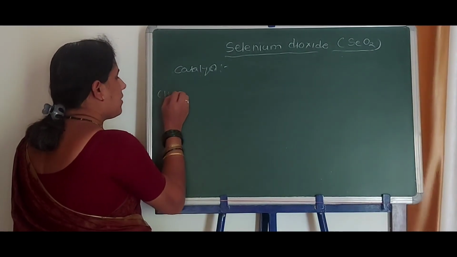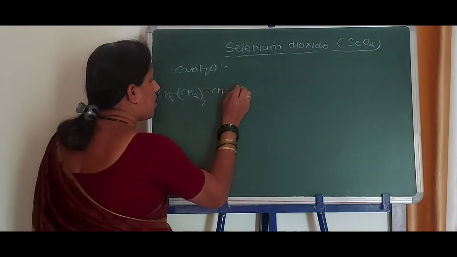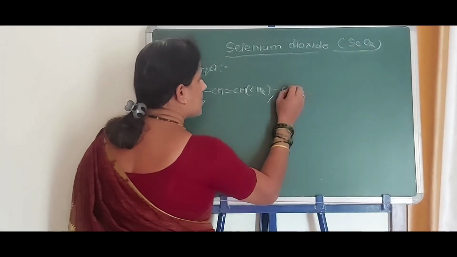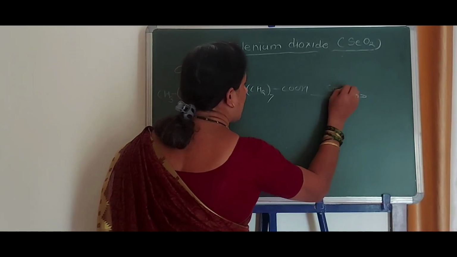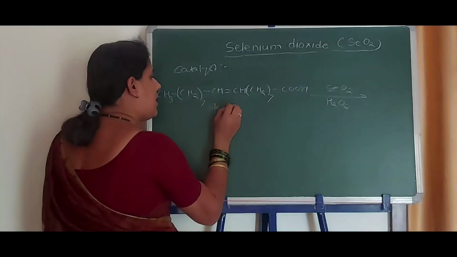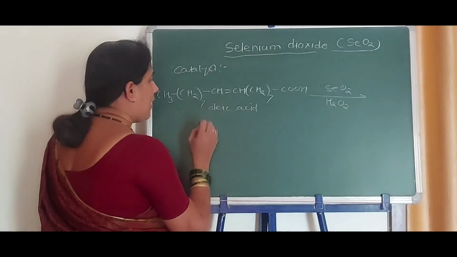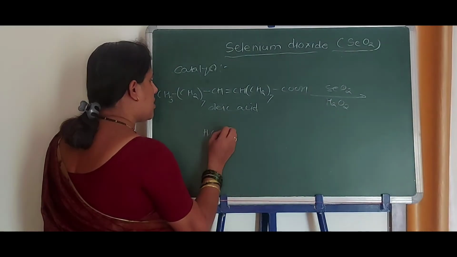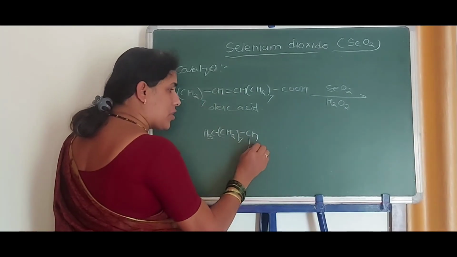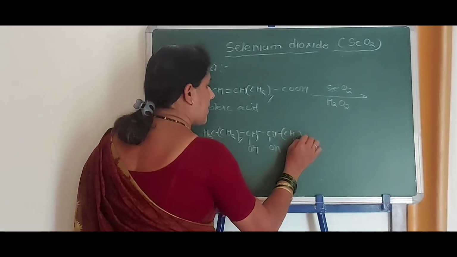Oleic acid has the formula CH3 CH2, 7 times, CH double bond CH, CH2 7 times, COOH, which on oxidation with selenium dioxide with H2O2 is converted into CH3 CH2 7 times CH. Here this CH is converted to CHOH. Here also CH2 7 times and COOH.